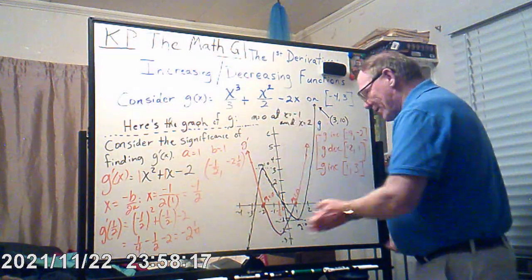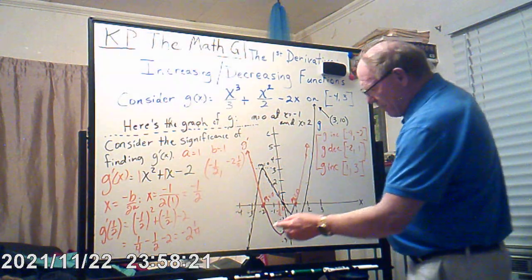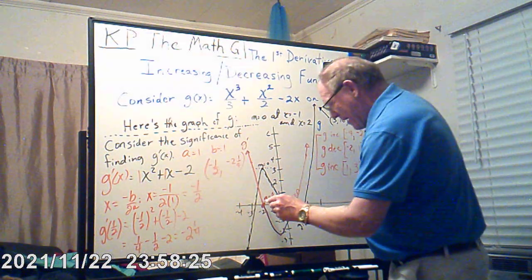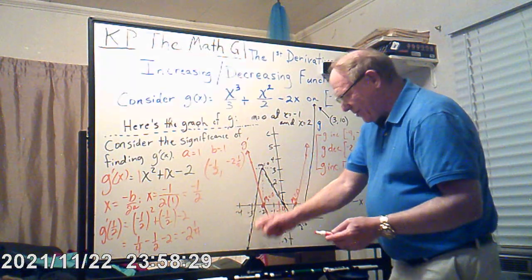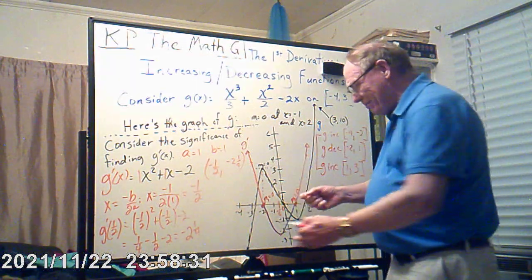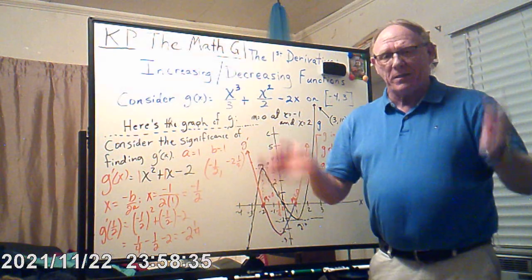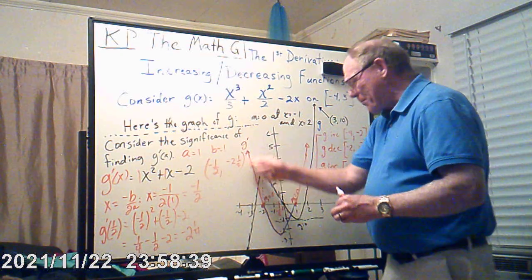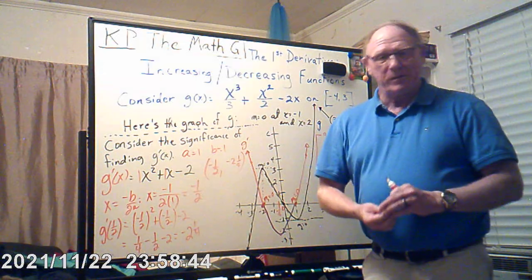So whether I drew this or not, we can make these comparisons and tell immediately right here that this graph is increasing between -4 and -2. We made that observation at the beginning of the lesson. But here we see that the graph is above the x-axis between -4 and -2.